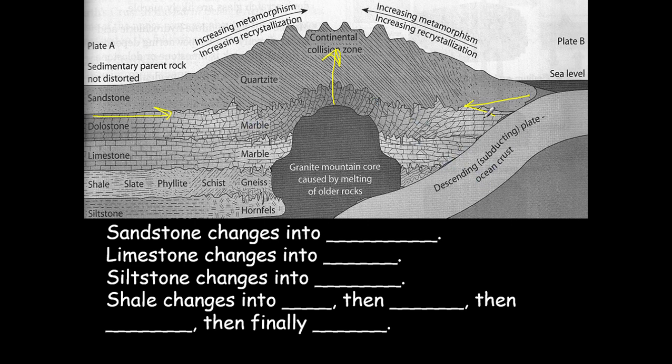If we add a little bit more heat and pressure, phyllite is going to become schist. So how do we identify schist? Well, schist has platy mica crystals. Now, how do I like to describe platy mica crystals? The easiest way to identify this is to think of a fish.